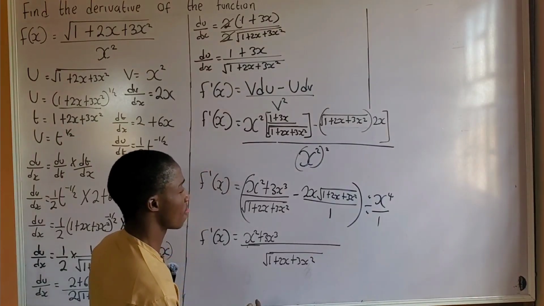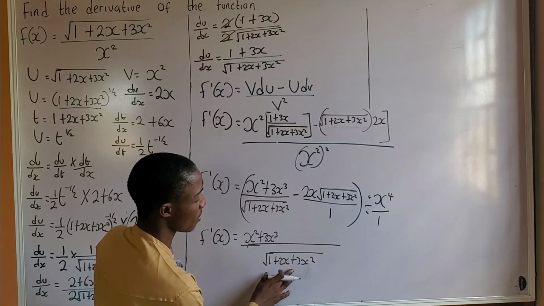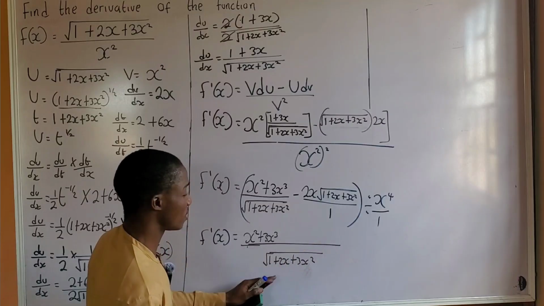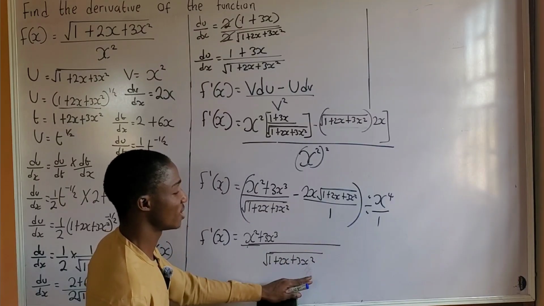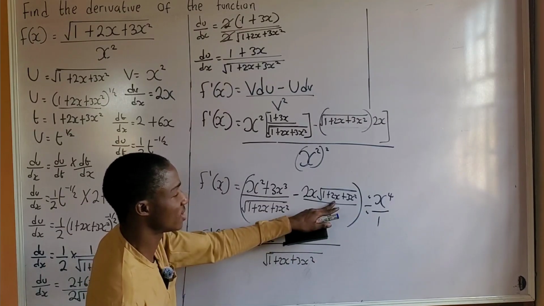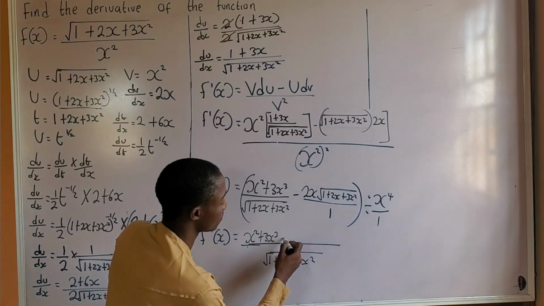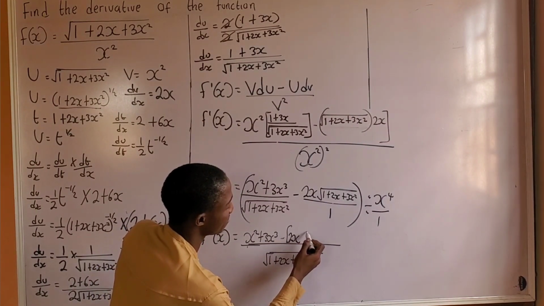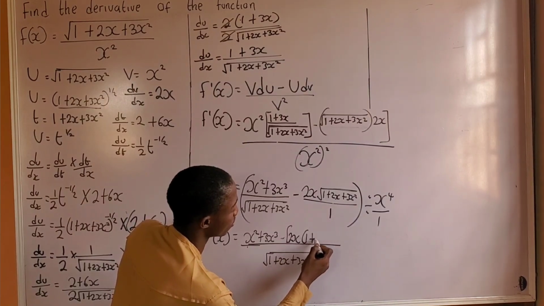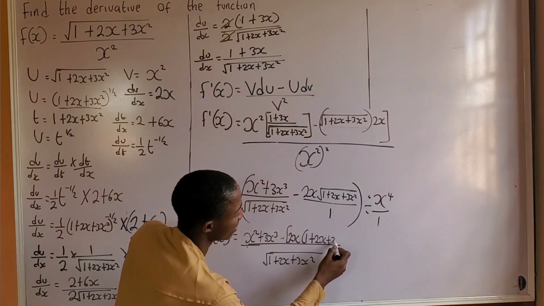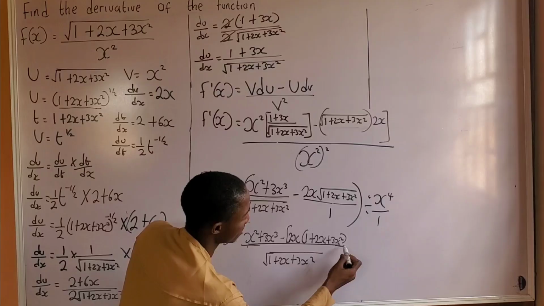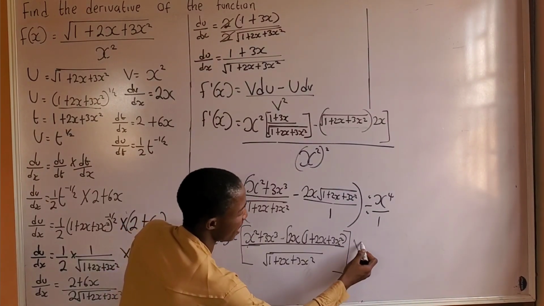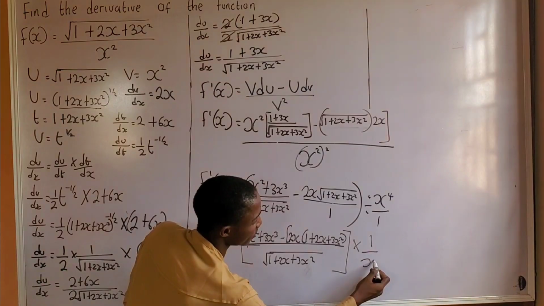Now, the square root of 1 plus 2x plus 3x squared divided by 1 will give me the square root of 1 plus 2x plus 3x squared. Now, if you multiply this by this, you're going to have minus 2x multiplied by 1 plus 2x plus 3x squared. All this multiplied by 1 over x raised to the power of 4.